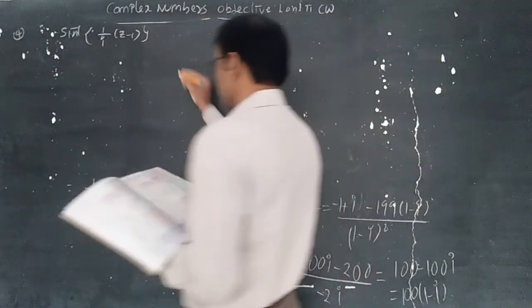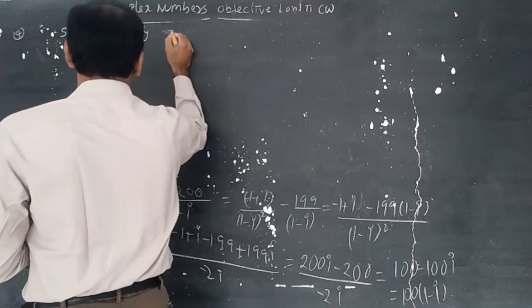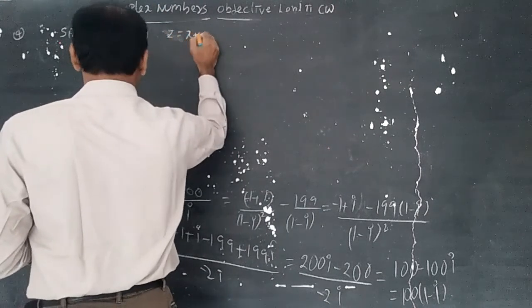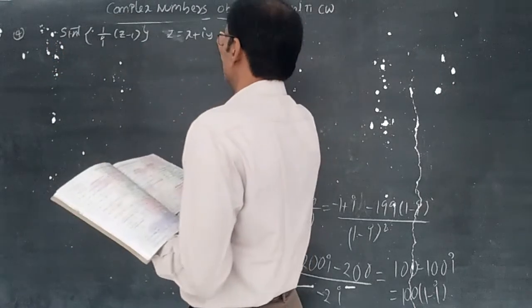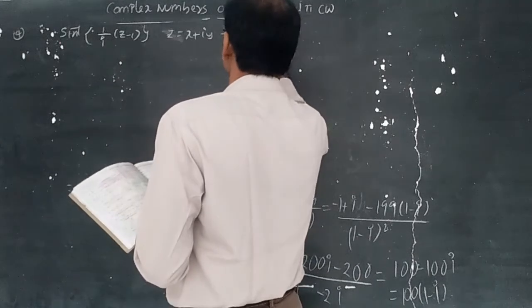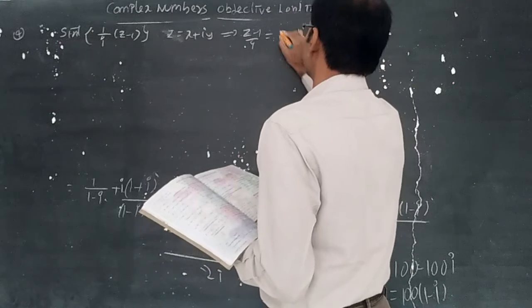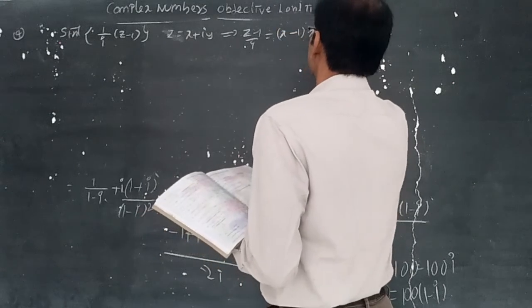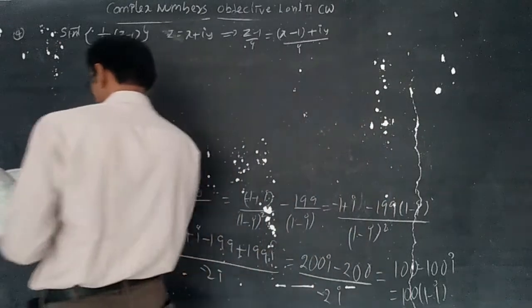If, what is the condition? Let z equal x plus iy. Then z minus 1 by i becomes x plus iy minus 1, so x minus 1 plus iy by i.